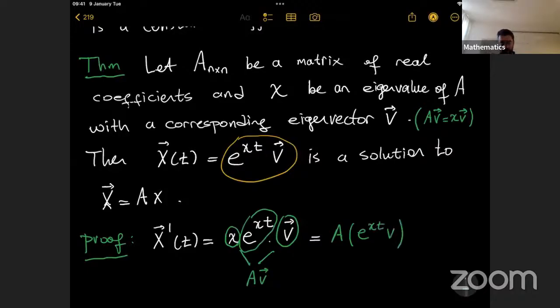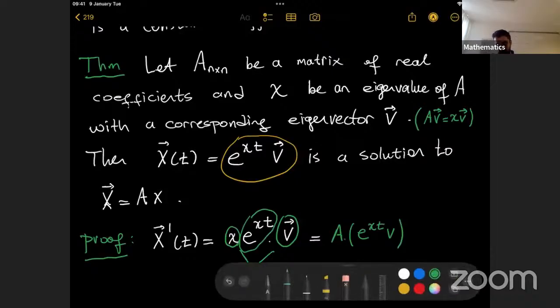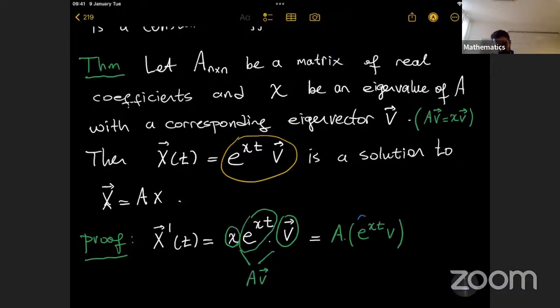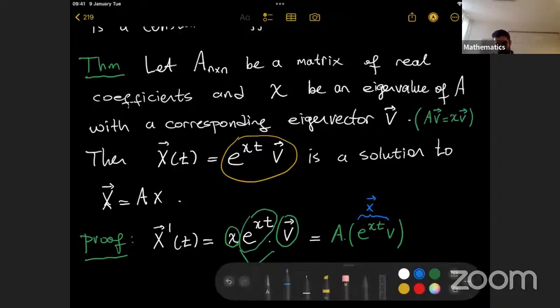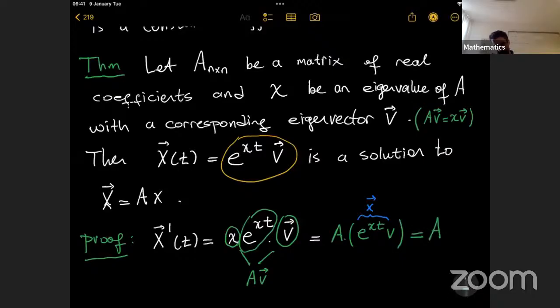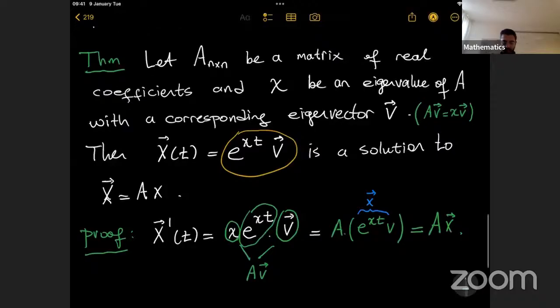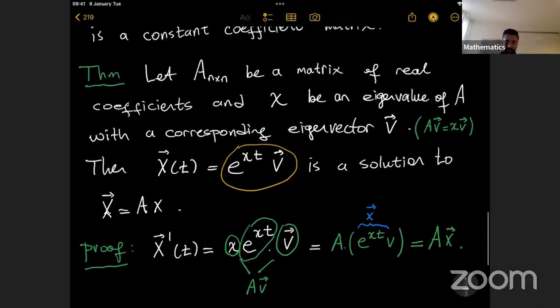It is the same, A times this. But this is nothing but x. So we get that it is A times x, which tells you basically x is a solution of this system.